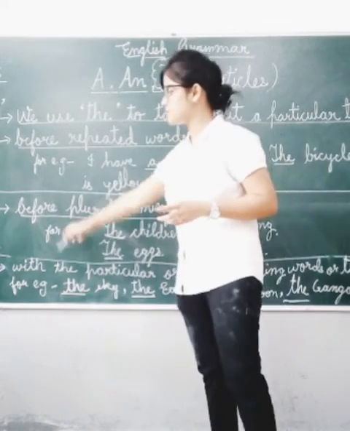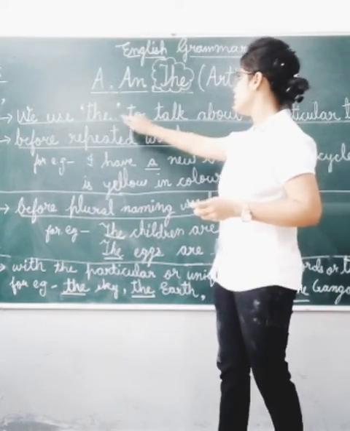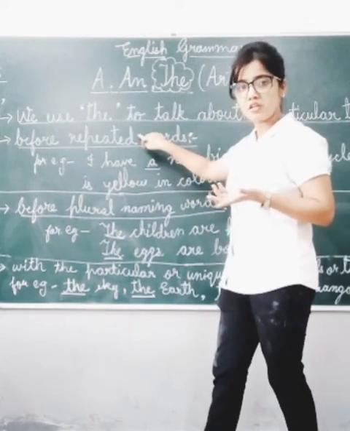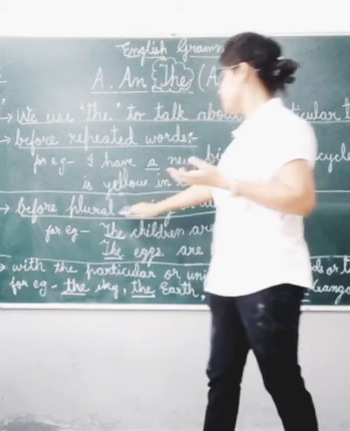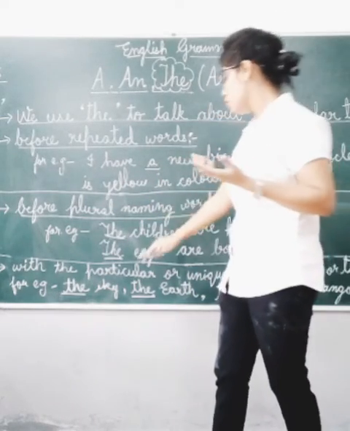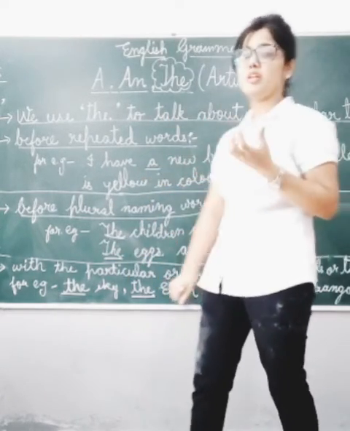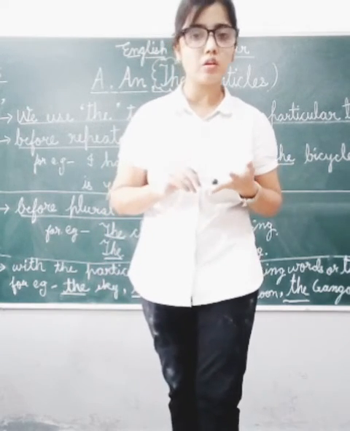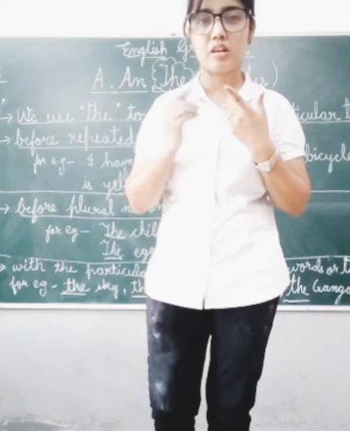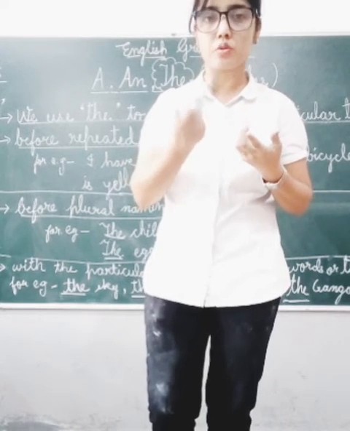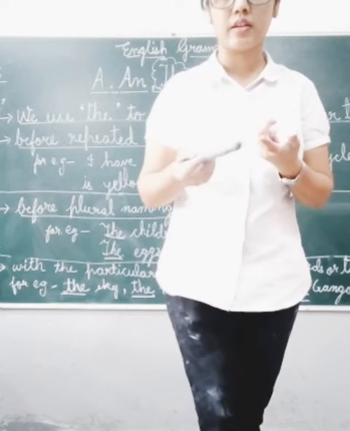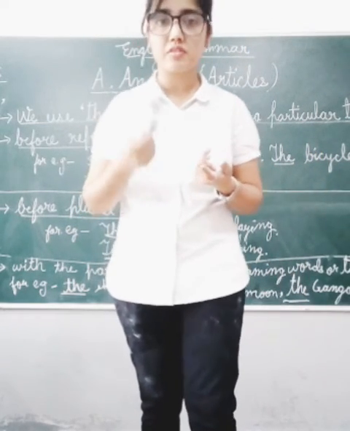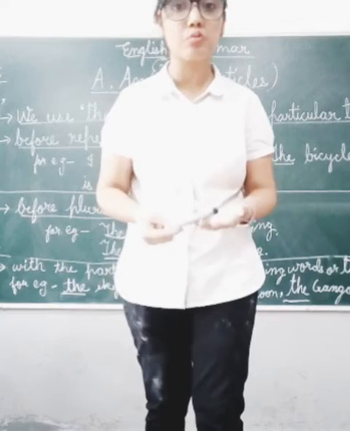Keep these points in your mind: we use the when we talk about any particular thing, or before things which are repeating, or before plural naming words, or with some unique naming word like the name of any river, book, or any part of the solar system or universe, like the galaxy, or the sky, things which we cannot count.